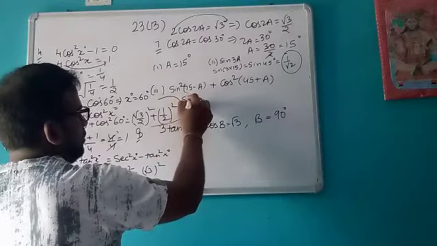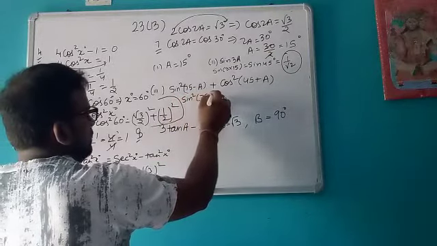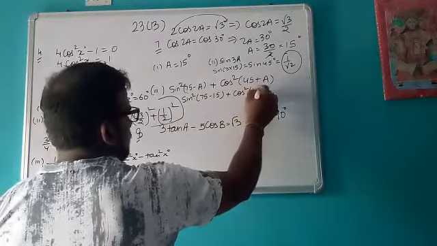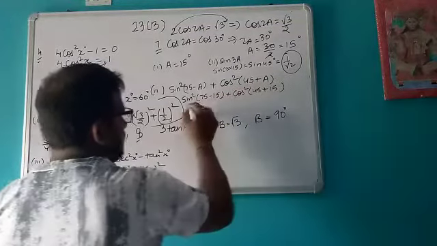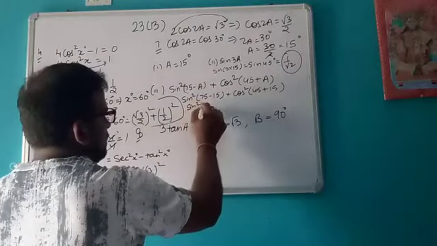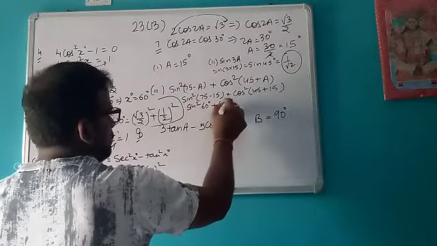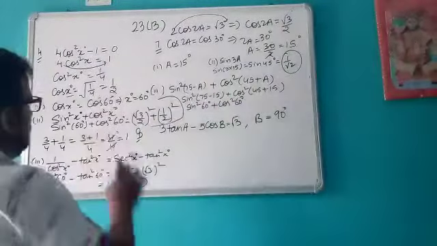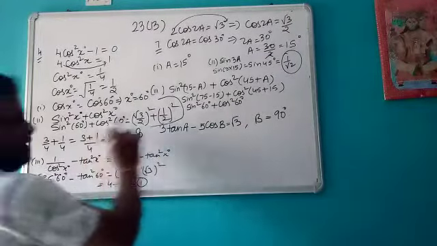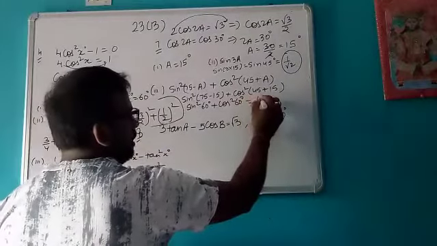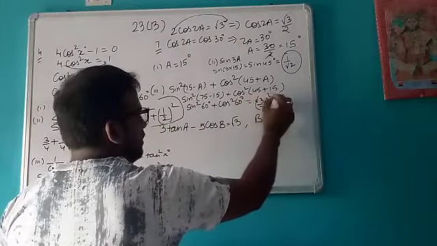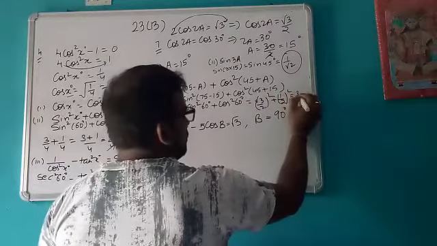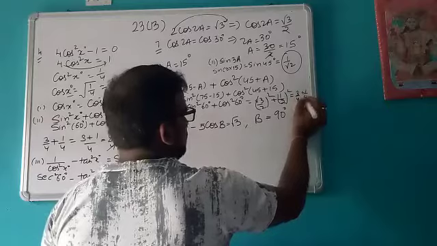So again we will put the values: sine square of 75 minus 15 and cos square of 45 plus 15. So it is sine square 60 degree plus cos square 60 degree. So see, it becomes a similar part that we have done just now. So again root 3 by 2 square plus 1 by 2 square, it will give you 3 by 4 plus 1 by 4.